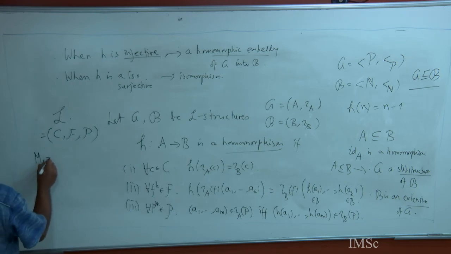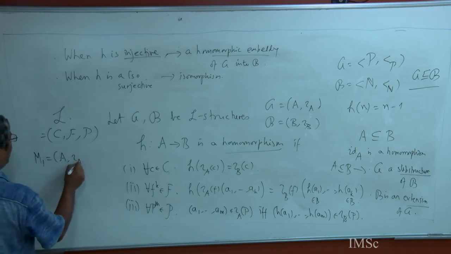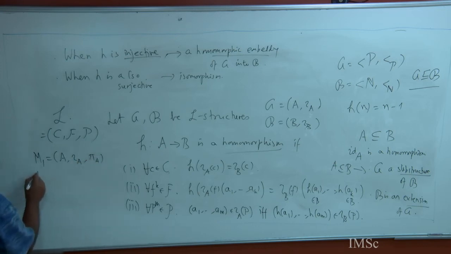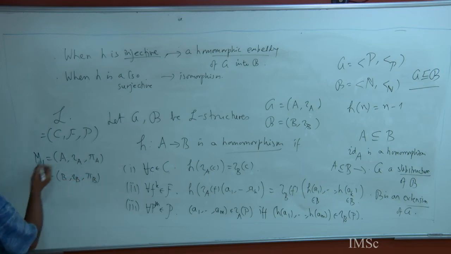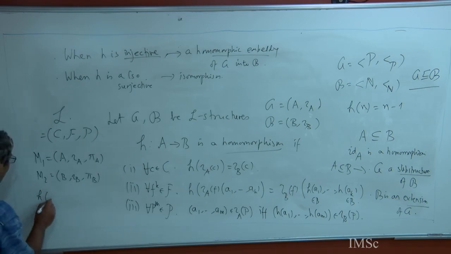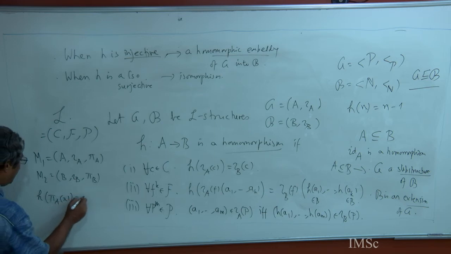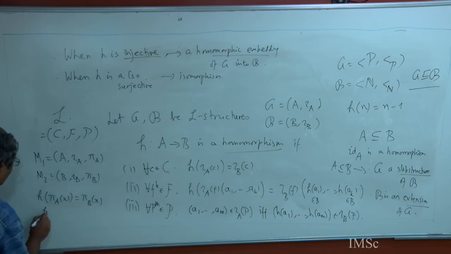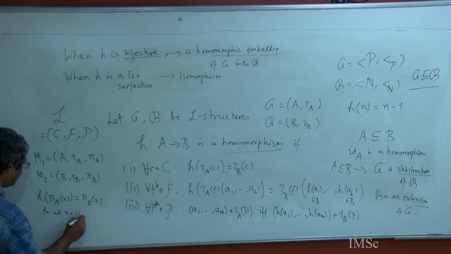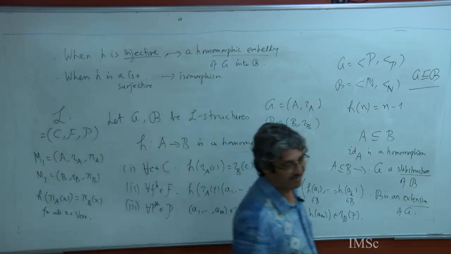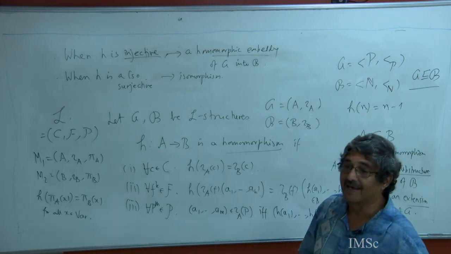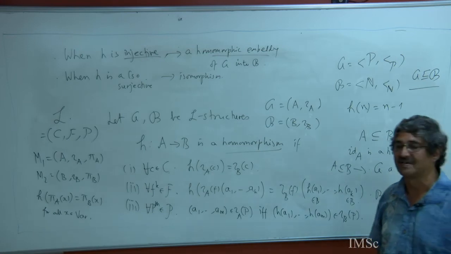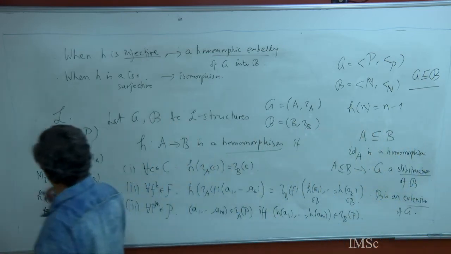If I have M1 = (A, I_A, π_A) and M2 = (B, I_B, π_B), it's a homomorphism of models if, obviously what you would expect, h(π_A(x)) = π_B(x) for all x belonging to variables. So the variable assignments are also preserved by the homomorphism. So this is homomorphism of models.